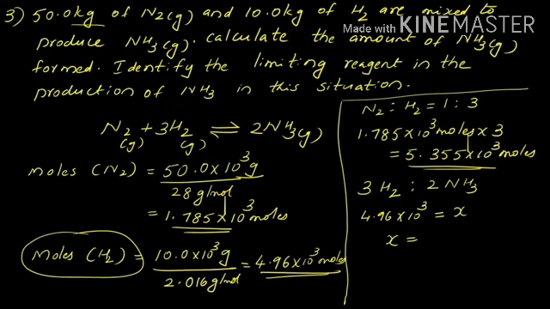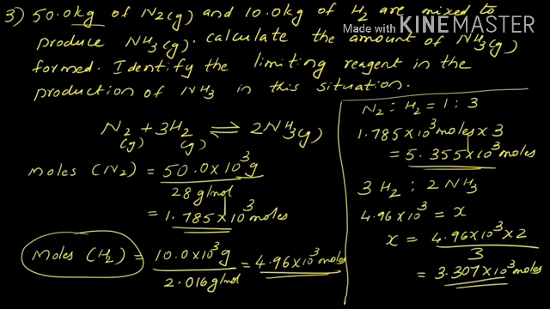So x will be equal to 4.96 × 10^3 divided by 3, into 2. So we'll get the answer as 3.307 × 10^3 moles.